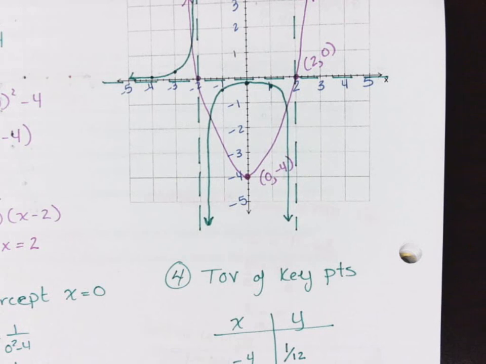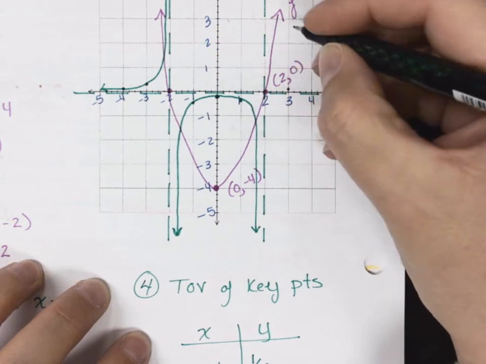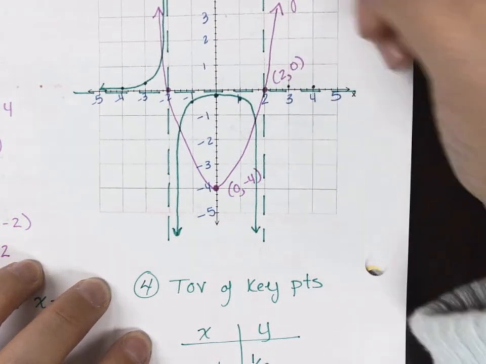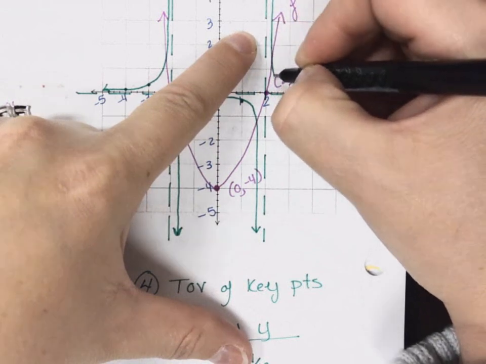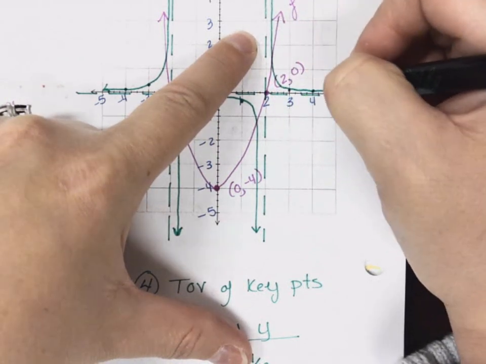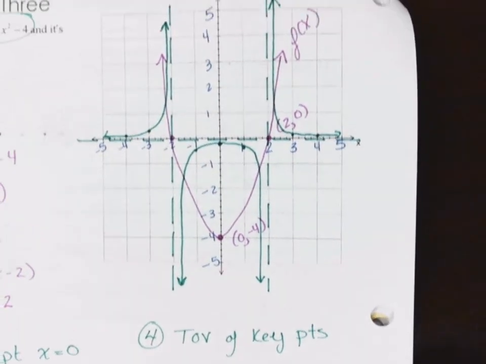And again, they have to be approaching those asymptotes. They have to get closer and closer and closer to those asymptotes, but you can't touch them and you can't cross them. And so now I'm going to just put on the 3, which is 1/5, and the 4, which is 1/12. And again, I'm going to draw my lines really, really close to the asymptotes. Put arrows on them. Sometimes we forget that.